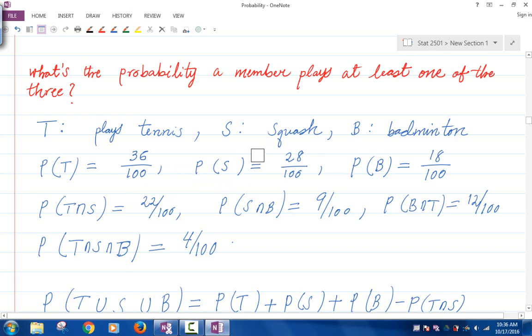Well, that's the number of people who play squash divided by the total number of members, so which would be 28 over 100. And lastly, the probability of B, that is the probability that a member plays badminton, is the number of members who play badminton divided by the total number of members. Okay?